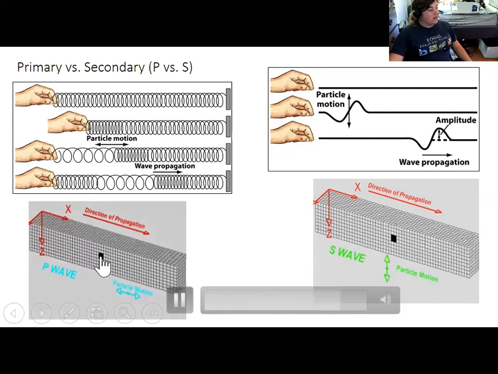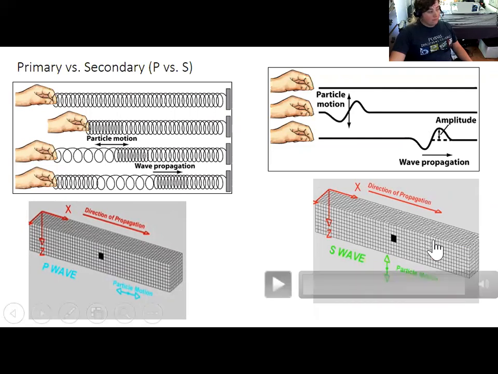You can see this black dot is not shown moving up and down at all. It's just shown moving back and forth. And this is how primary earthquake waves behave. And primary waves can travel through both liquids and solids. Meanwhile, S waves can only travel through solids.